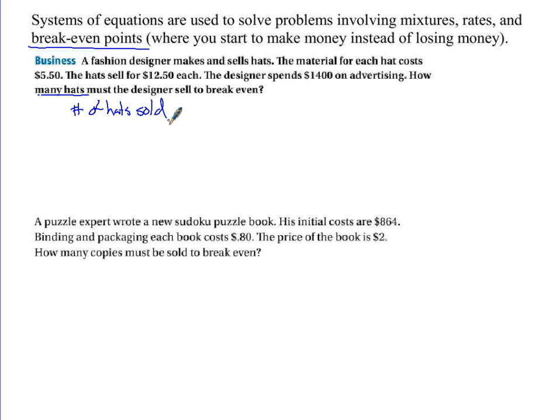It's not really how much money I've made. It's just money in general. So amount of money. Those are the two things that are changing. How much money I spend or make, and how many hats I sell. Okay, so we need two variables here.